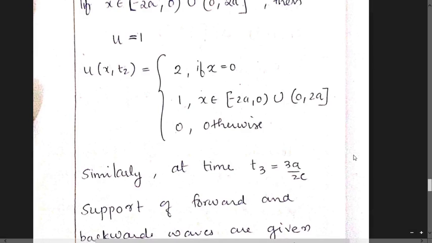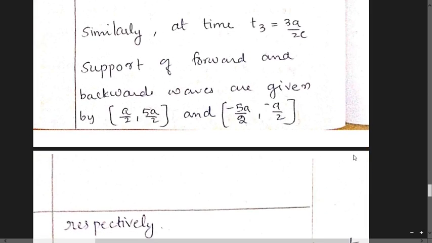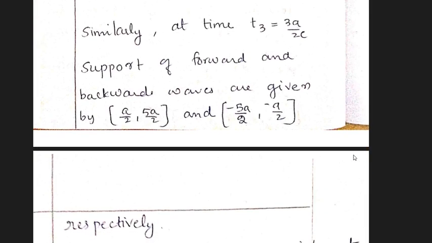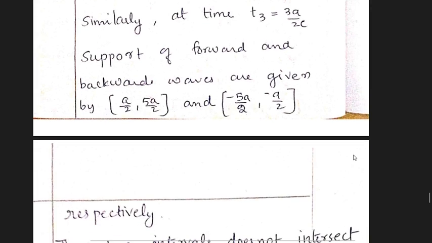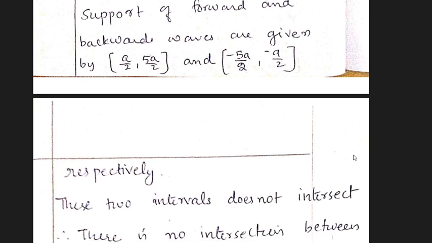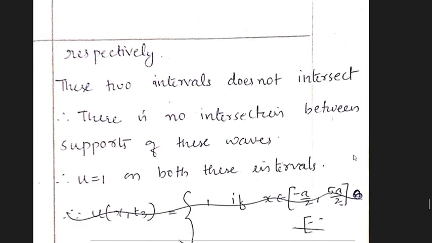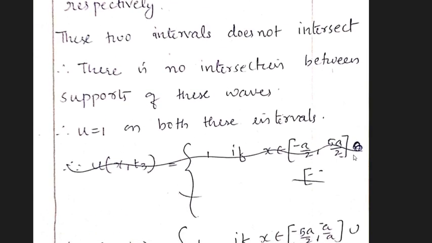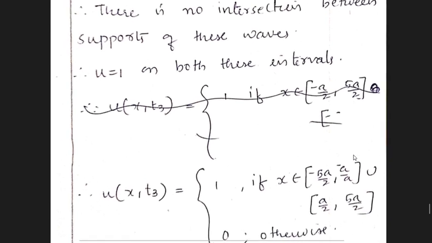For that, we follow the same procedures as before: find the forward and backward waves, and then find their supports. The support of the forward wave is the closed interval a/2 to 5a/2, and the support of the backward wave is minus 5a/2 to minus a/2. These two intervals do not intersect, therefore there is no intersection between the supports of these waves. Therefore u is equal to 1 on both these intervals.